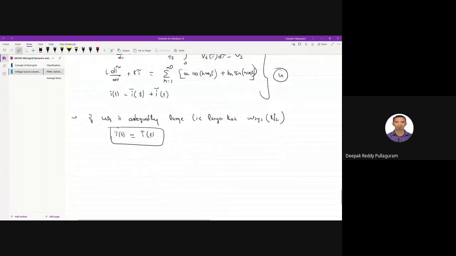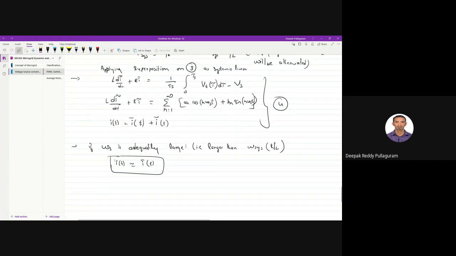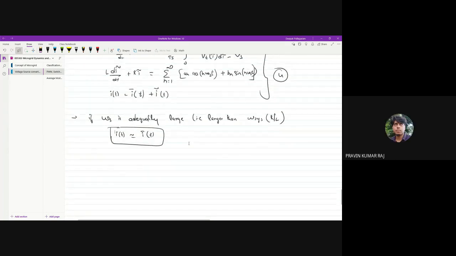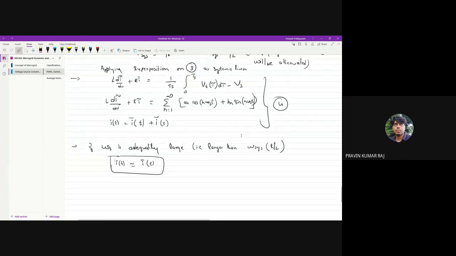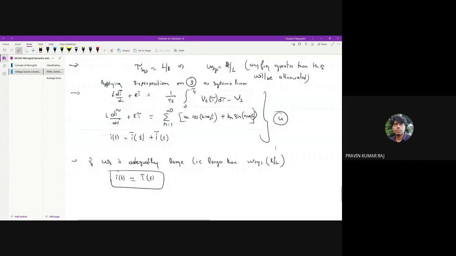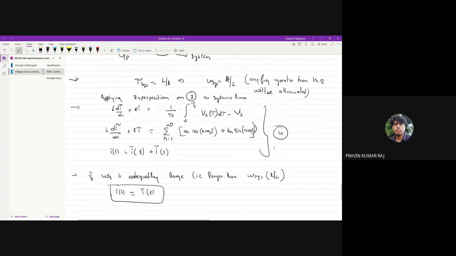So the assumption we initially made, that the DC side current is almost DC or ripple free, is valid if these conditions are valid, like if omega s is significantly large. Omega s is the higher cutoff frequency of the low pass filter R by L. That means a higher cutoff frequency for the low pass, isn't it?